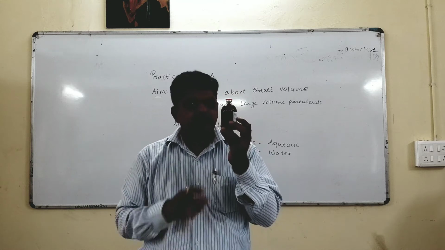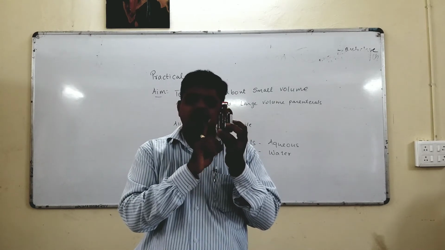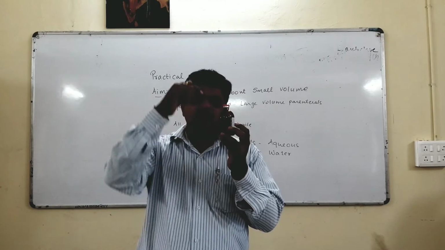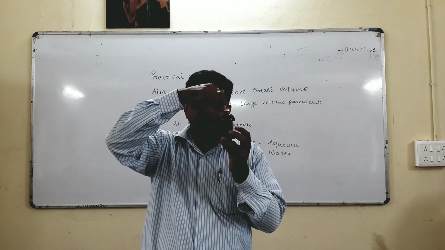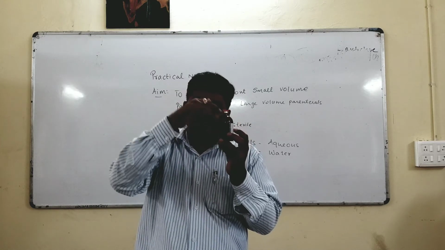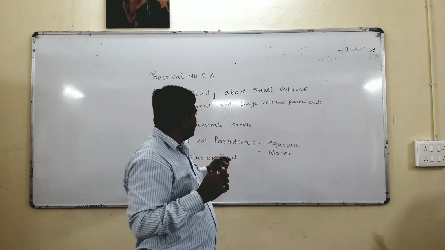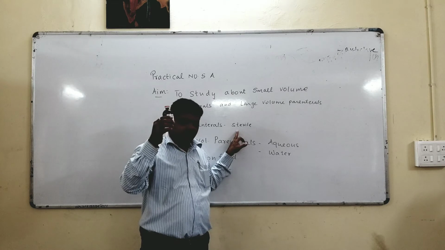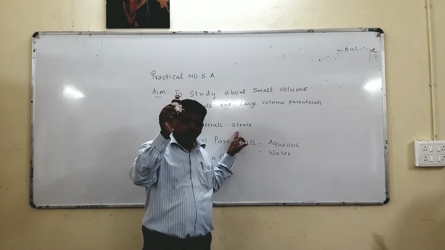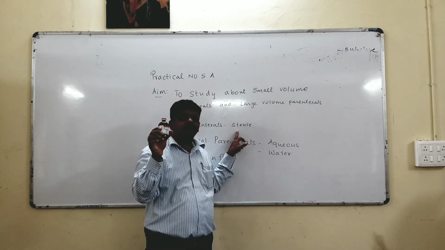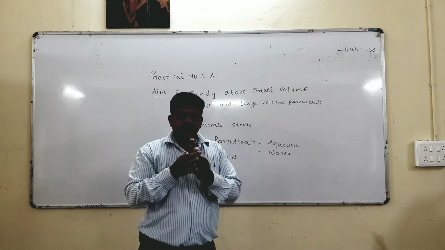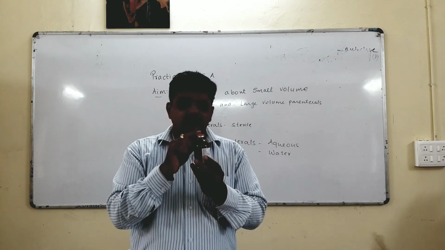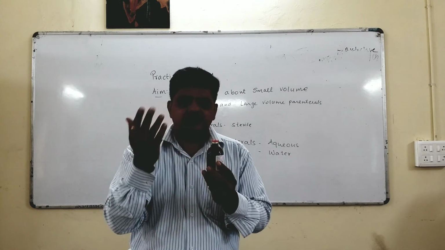This is a multi-dose small volume parenteral, and when you use it many times there is a question mark for sterility, because small volume parenterals are sterile in nature. When you pierce the needle and use it many times, sterility may be lost.